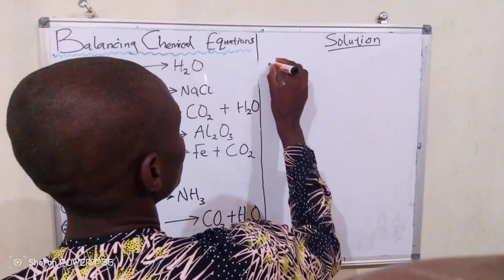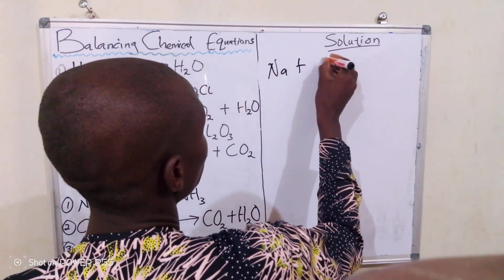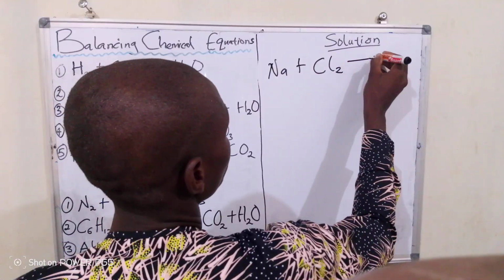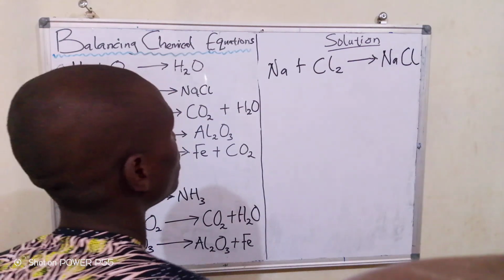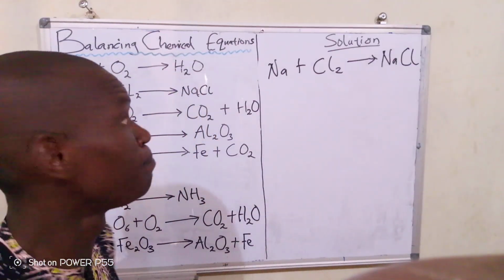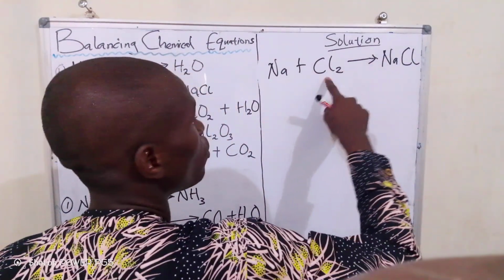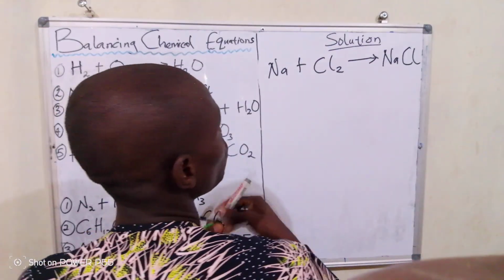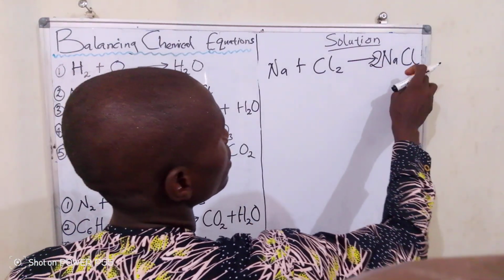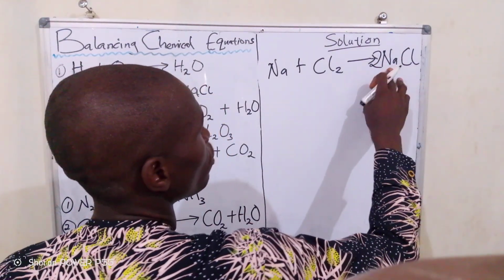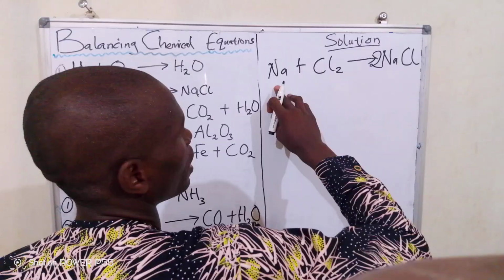Our second question says sodium plus chlorine to give sodium chloride. What's the problem here? 1 sodium, 1 sodium, 2 chlorine, 1 chlorine. So we have to make chlorine 2. Let's add 2 here. So 2 chlorine, then we have 2 sodium atoms here and 1 sodium atom here.